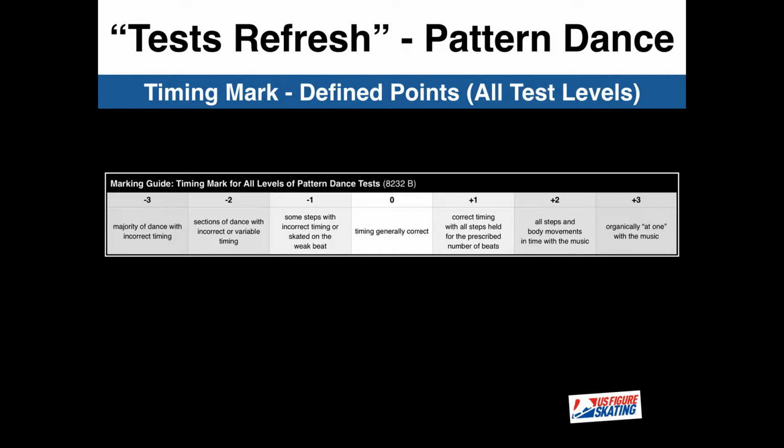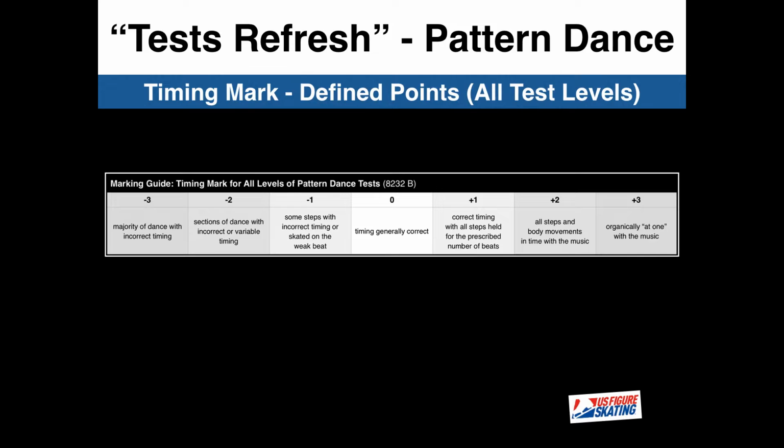The timing mark also has defined points on the -3 to +3 scale. However, the timing mark is not relative to test level. It is defined the same for all levels of pattern dance tests. There may be a general thought about timing in that timing is either on or off. It's either A or B. Yet when timing is considered, there are gradations in timing.